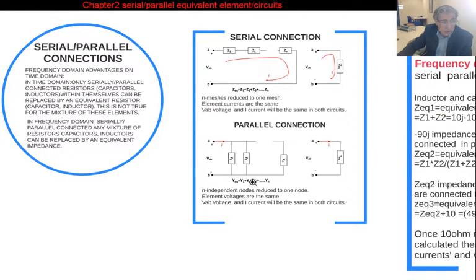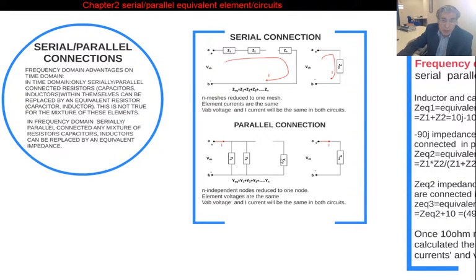Admittance is the inverse of impedance. So what we see here is m number of meshes, and this m number of meshes becomes just one mesh. So the number of meshes drastically disappears, and whatever this current is, it is going to be the same as this, so that's why it is an equivalent element. We could use that point in order to prove it.